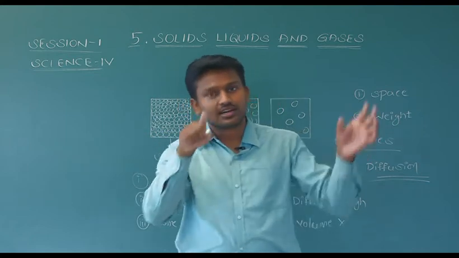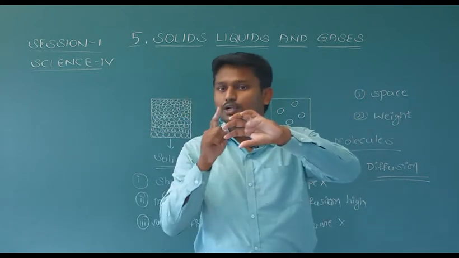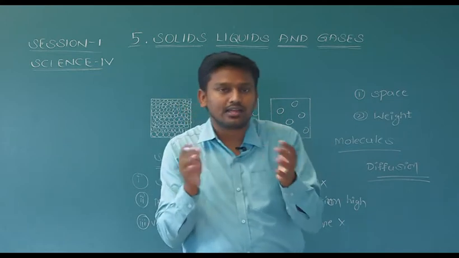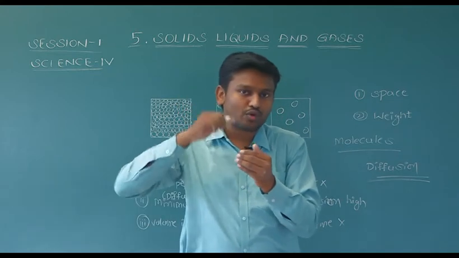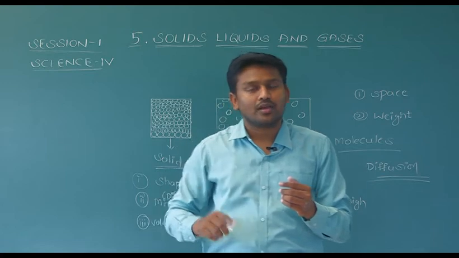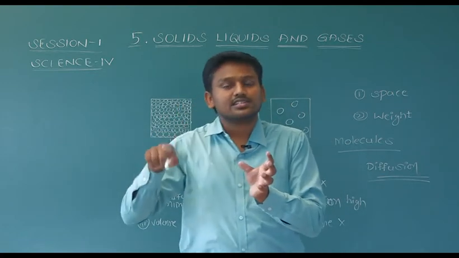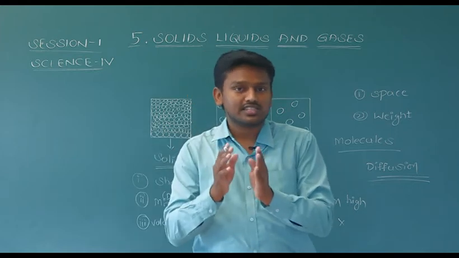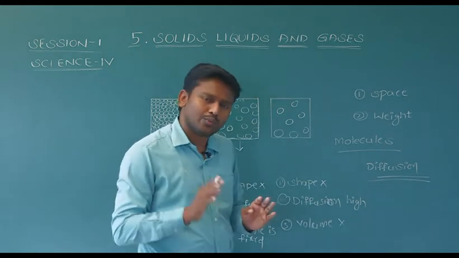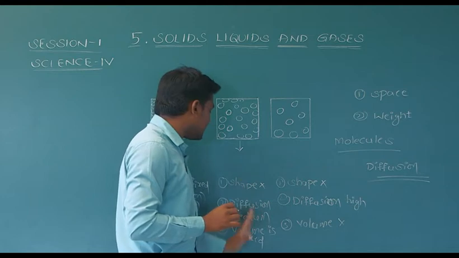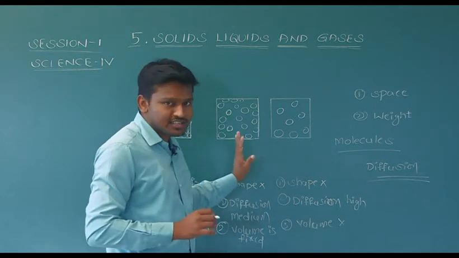Just pour that glass into another glass, and you will see the water will reach the same mark, and in the next glass also it will reach the same mark. So, with that simple activity we can say that the volume of water is fixed.